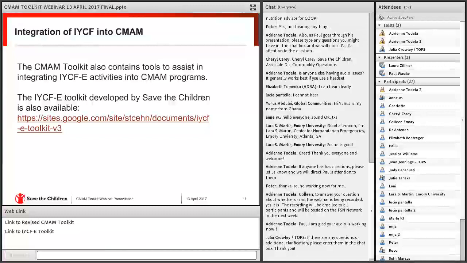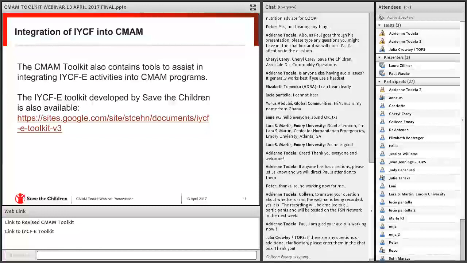So we have a component on that. But also important to note is there's another tool that Save the Children has developed, which is the IYCFE toolkit, and the link is down there. A very comprehensive tool.